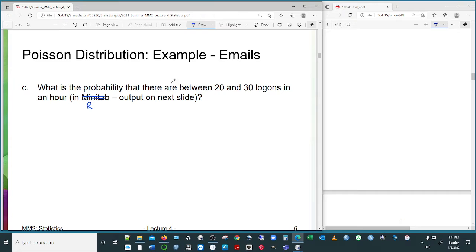So what's the probability that there are logons between 20 and 30? So we've got 20 and 30. That's our interval. So in this case, we're going to take 20 less than 30. And so what does this mean now?